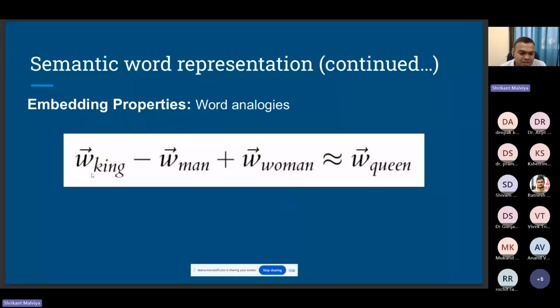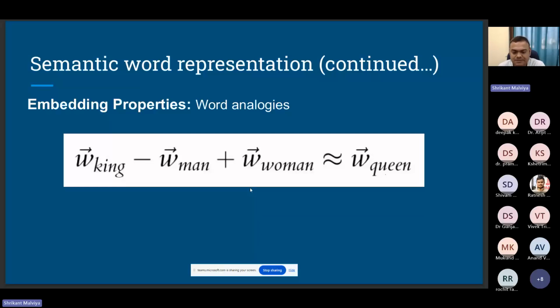When you take the word vector of king, the word vector of man, and the word vector of woman, and do this arithmetic operation, vector of king minus vector of man plus vector of woman, whatever vector you get will be very, very close to the vector of queen. So if we find the most valid semantic word representation and apply this word analogy, that property would be carried in all those word embeddings.